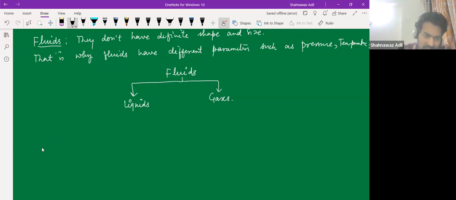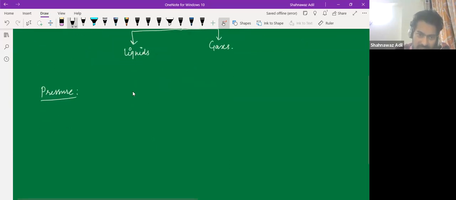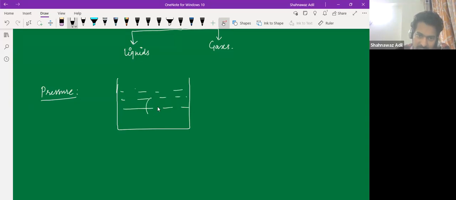Okay, so what is pressure? Let's say we have some object placed in a fluid. It will experience some force from every side, and that would be a normal force.